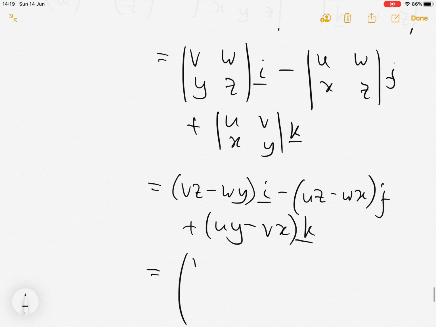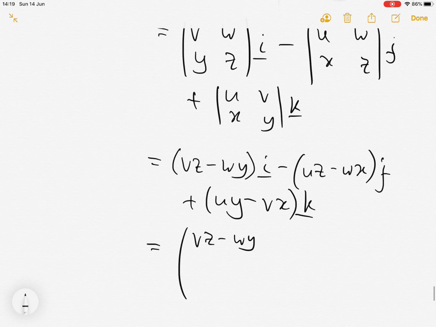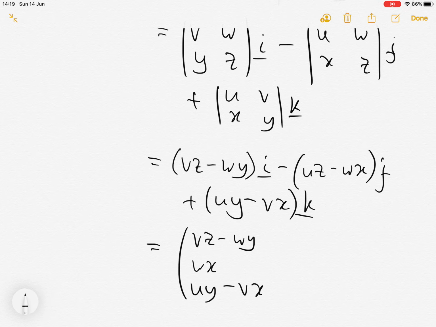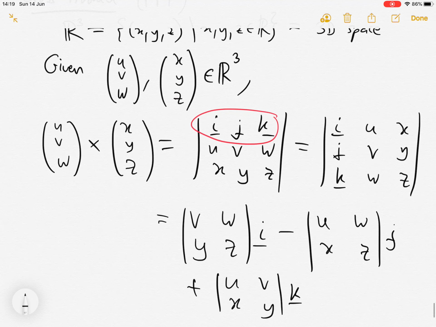It's the vector (vz minus wy, uz minus wx, uy minus vx). Oh, sorry, no, this middle entry should be the other way around because there's a minus in front. So it should be wx minus uz. Yeah, so that's the vector cross product.